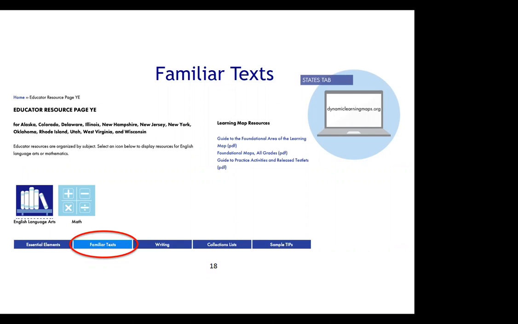The familiar texts include a guide to the foundational area of the learning map, foundational maps for all grades, a guide to practice activities, and released testlet examples. If you haven't accessed this resource, I would encourage you to do this. This is really useful prior to the year-end test.